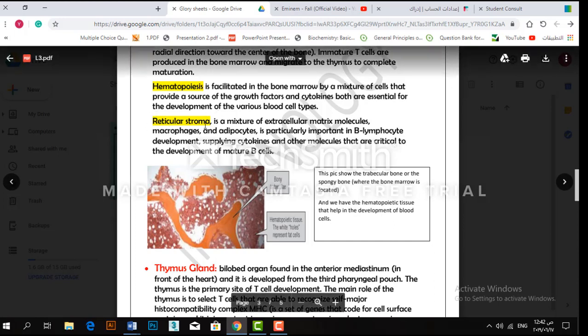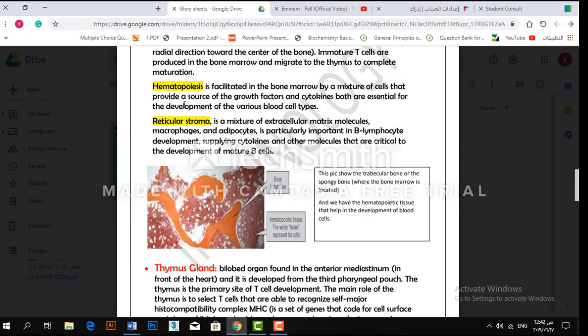So why do we need the reticular stroma? Because it is made of macrophages and adipocytes that are particularly important in B lymphocyte development, production and maturation of B cells.